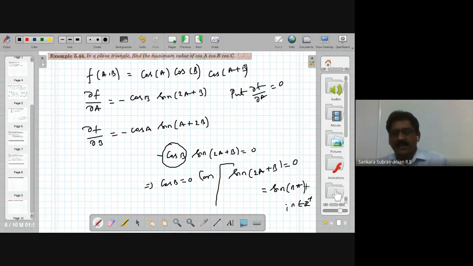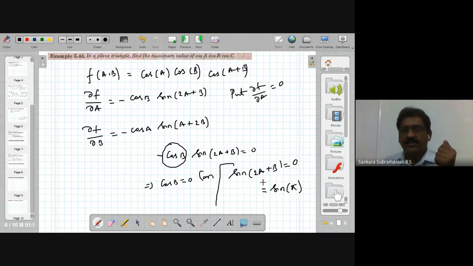Because sin pi is 0, sin 2 pi is 0, sin 3 pi is 0, I need only one value, so I can take sin pi. This implies I get the expression 2a plus b equal to pi. This is equation number 1.